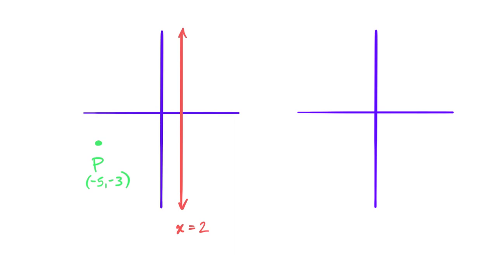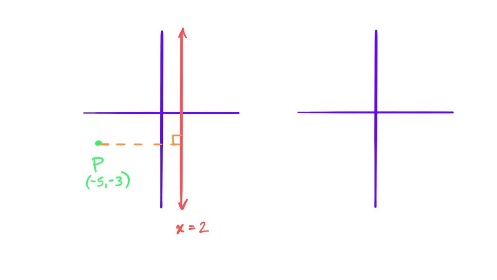If I was to ask you, how far is it from P to the line, I would hope that we would take a look at that and we would measure that in a horizontal way. What I mean by that is, we would want to measure the distance that is perpendicular to that line.